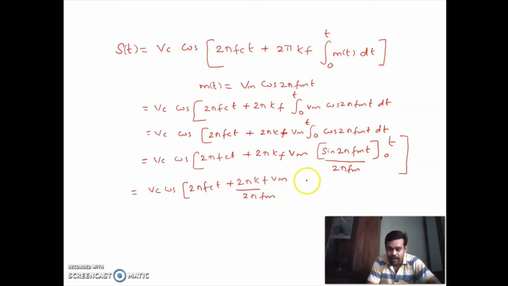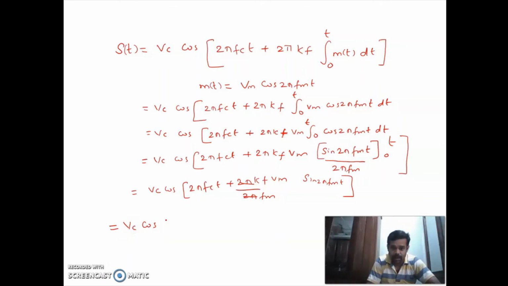Sin 0 is 0, so we get sin 2 pi Fm t. This 2 pi and this 2 pi cancel, giving Vc cos of 2 pi Fc t plus Kf Vm divided by Fm into sin 2 pi Fm t.